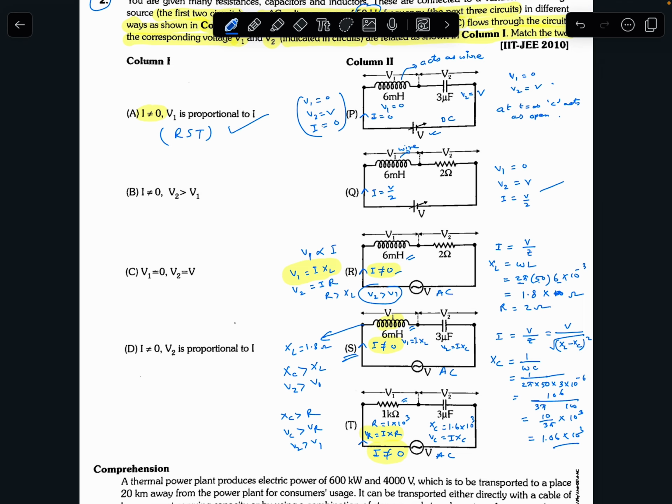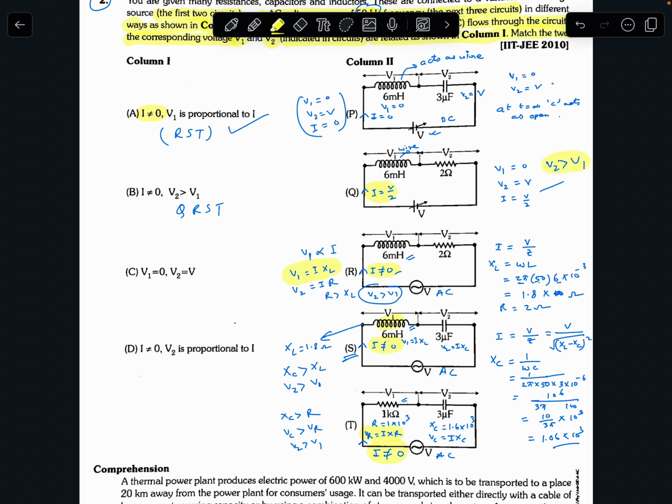Second one, I not equal to 0, you can see RST. So for B, RST, and even for Q also, QRST, V2 is always greater than V1. Yes, so in this case for Q also, V2 is V, V1 is 0, so V2 is greater than V1.